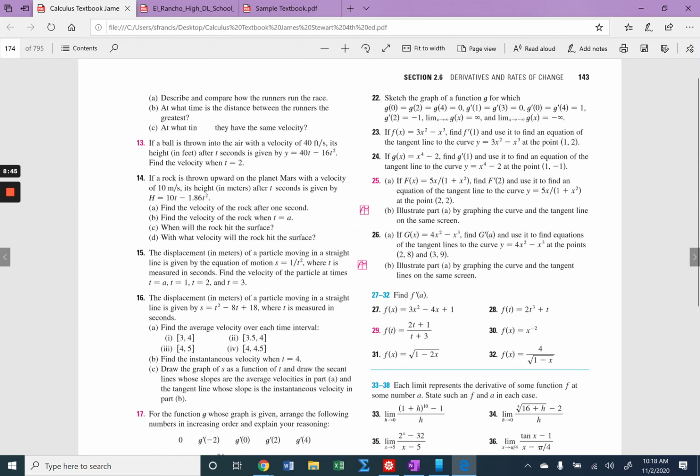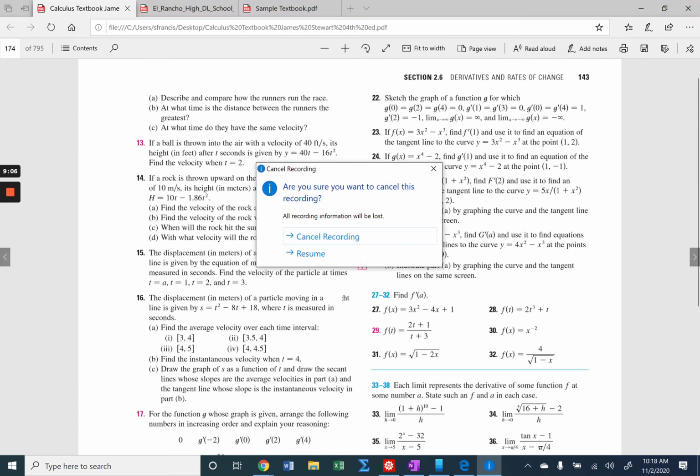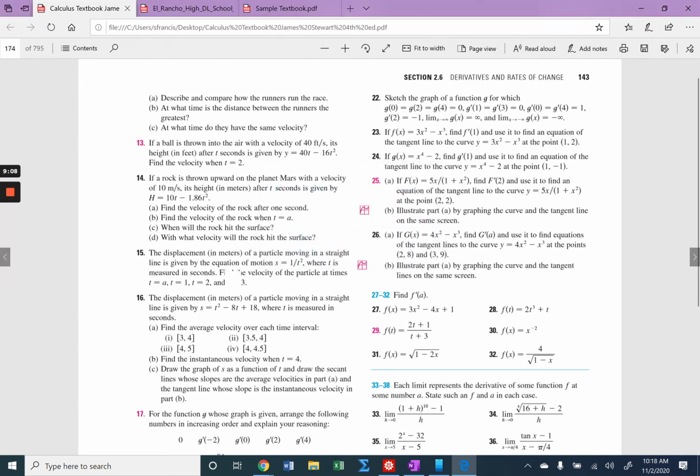At what time is the distance between the runners greatest? At what time do they have the same velocity? Okay, so describe how they compare, when the distance between them is the greatest, and when they have the same velocity.